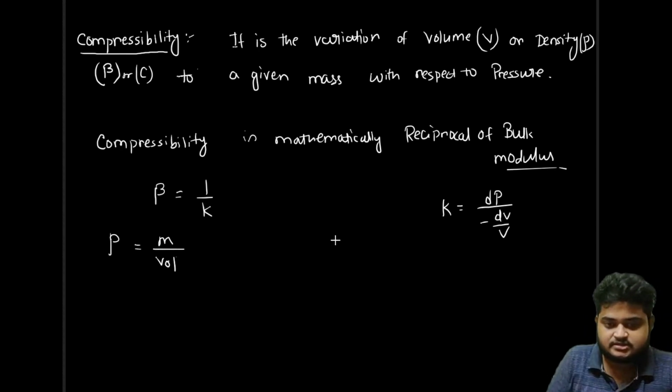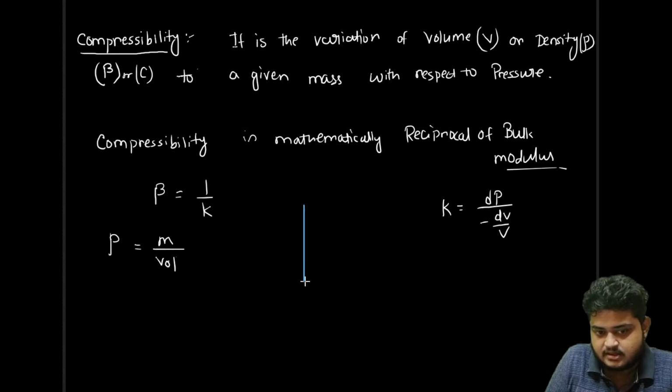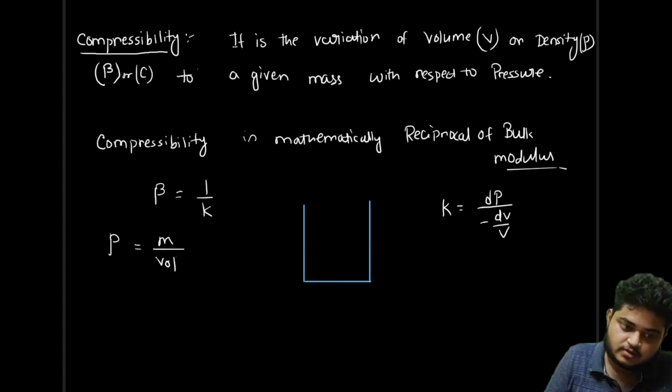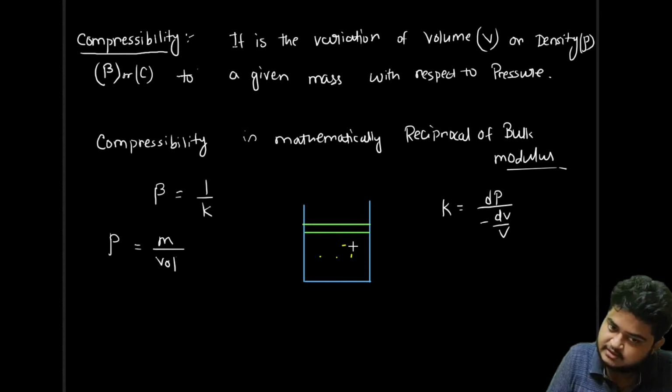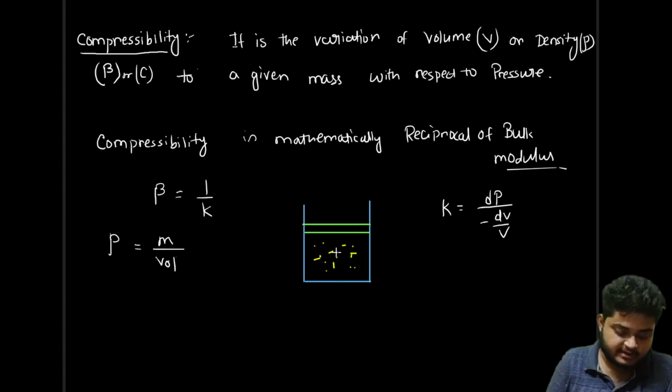Basically, let us assume a container. So basically, this is a container where, let us suppose that there is some fluid in the container. In the container, there is some amount of fluid, right?